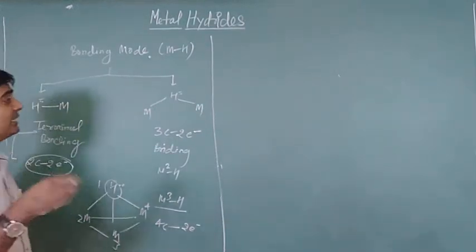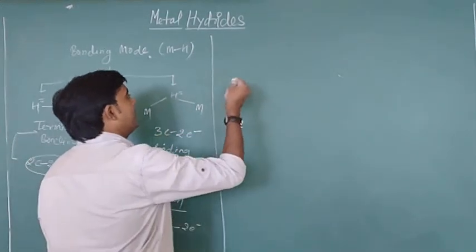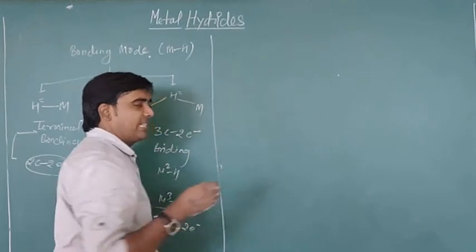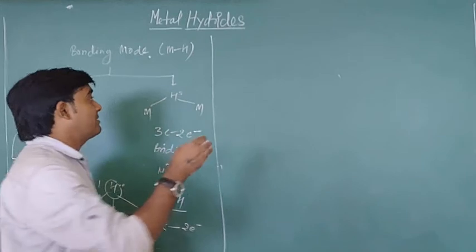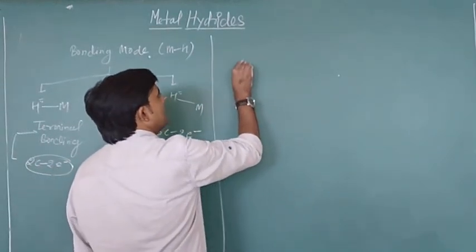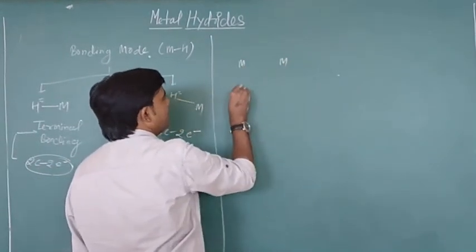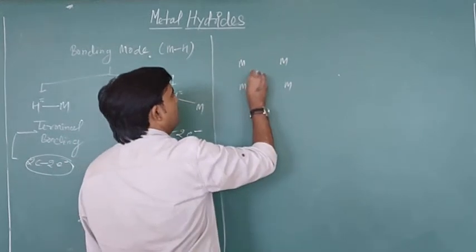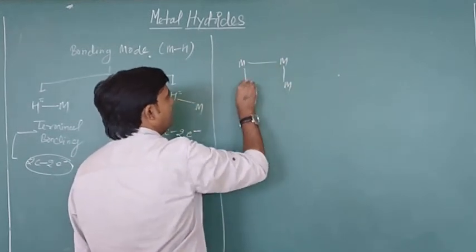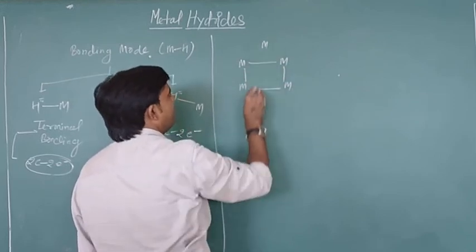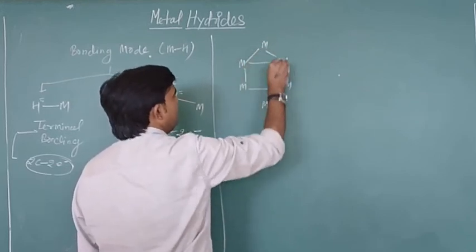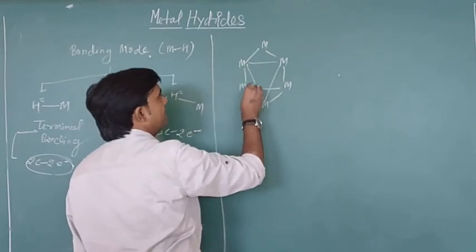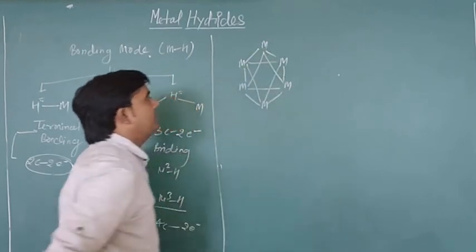Another example you can take is an octahedral structure. This is the metal framework, and here is one more metal.